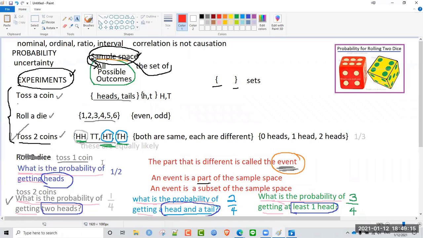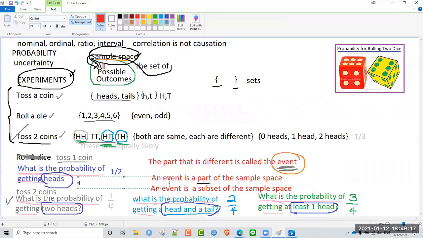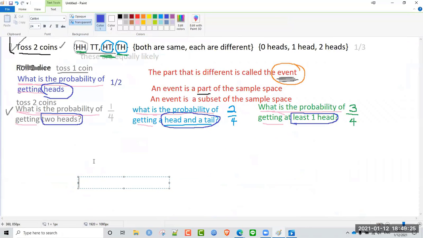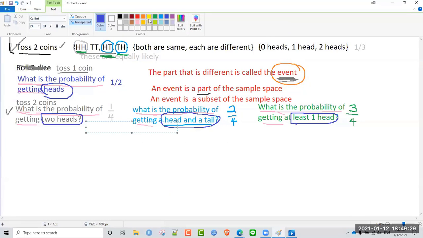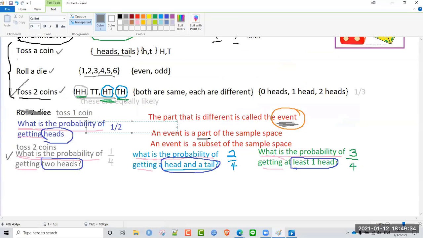So in this case, the subset here is two heads. So the subset is just this.